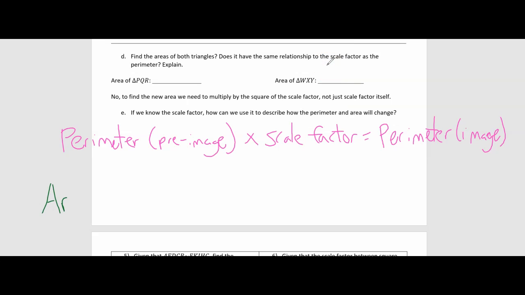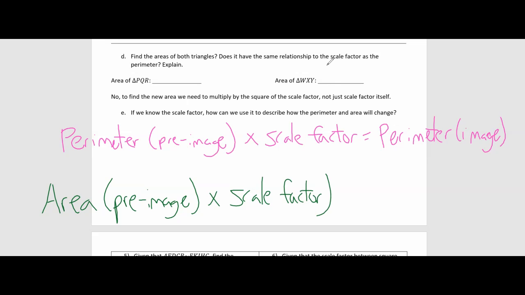The area, though, if I'm trying to find the new area, it's going to be the area of the pre-image times the scale factor squared, which is going to give me the area of the image. And you may say, well, why can't I just use the area formula for that given shape?